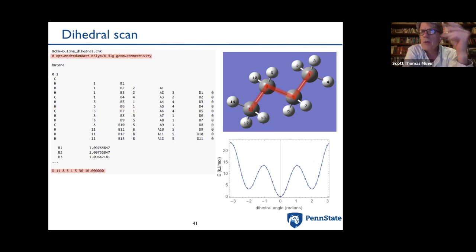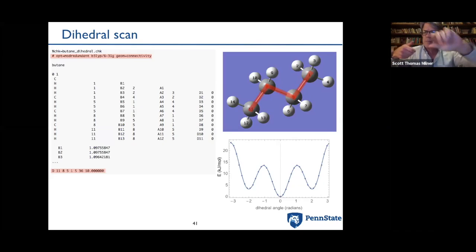That is, I'm going to rotate around that dihedral, but I want to optimize basically everything else. So if the hydrogen atoms need to shift around a little bit as I spin this dihedral, they're going to do that. And I don't want them to bump rigidly into each other. I just want to know about the gentle potential that I get if I turn this thing. And so the text for how to do that is over on the left. Those input files are not very complicated. And the resulting periodic potential is the trace at the lower right.